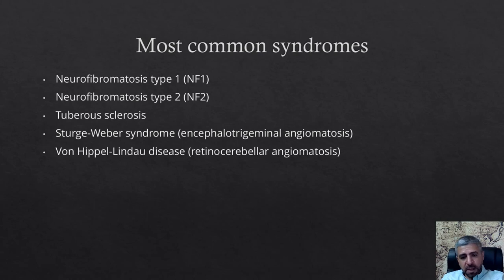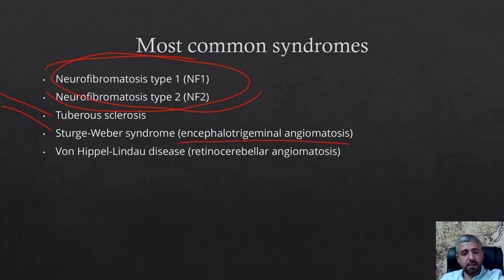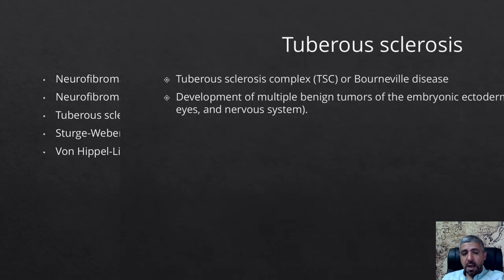However, the most common ones: in the last episode, we covered neurofibromatosis type 1 and type 2, and today we'll try to cover tuberous sclerosis, Sturge syndrome, which is also known as encephalotrigeminal angiomatosis, and von Hippel-Lindau disease, which is also known as retinocerebellar angiomatosis. So these three syndromes we will try to cover today: tuberous sclerosis, Sturge, and von Hippel-Lindau.